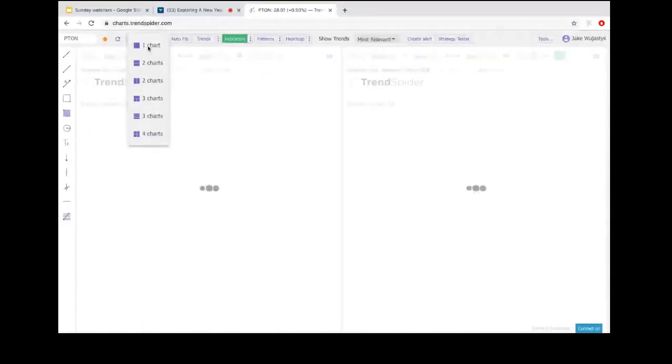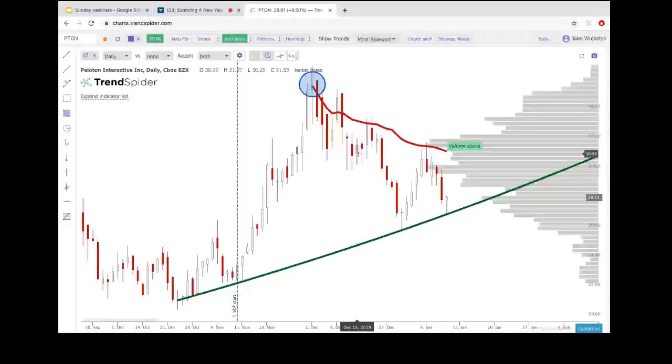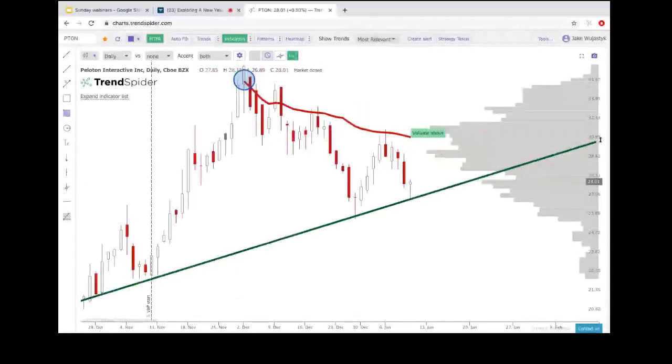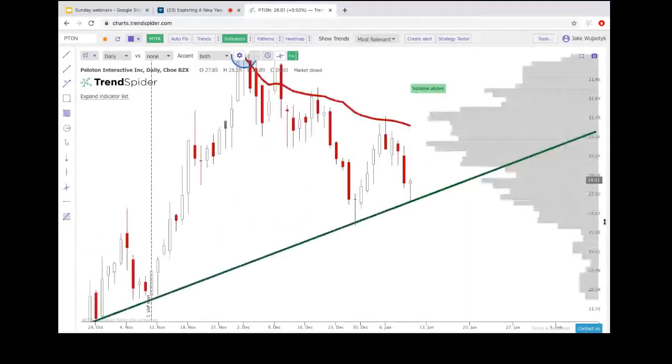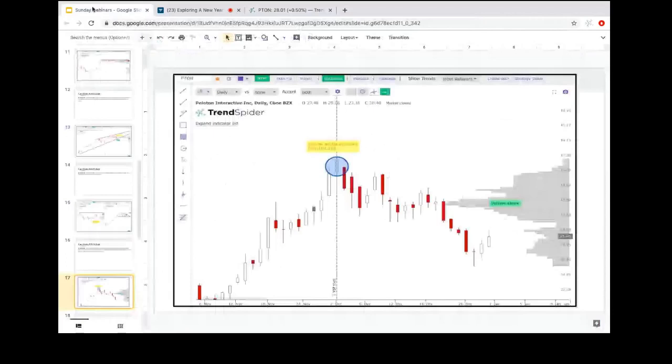This is one of my favorite examples of this. You'll be able to see here how perfectly the price bounced off this resistance area of where the volume was holding. So here you can see this was, let's see, what was our original candle here? December 2nd.